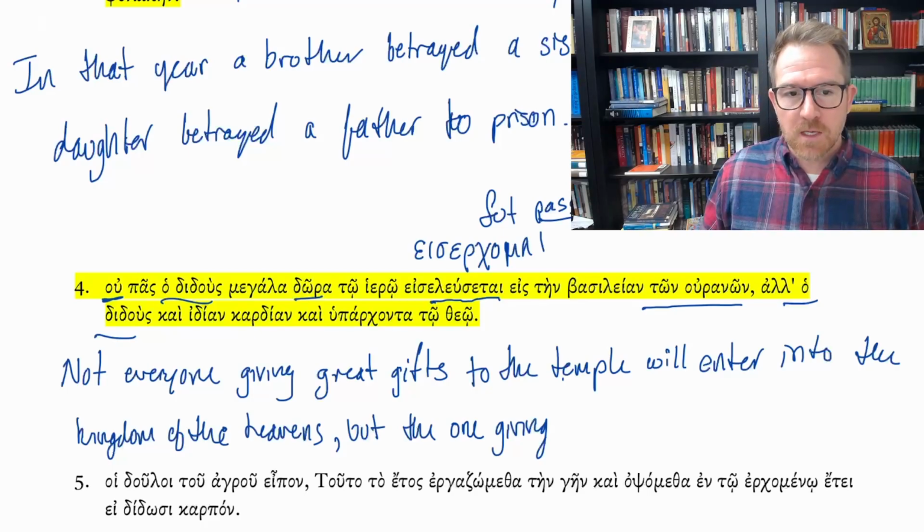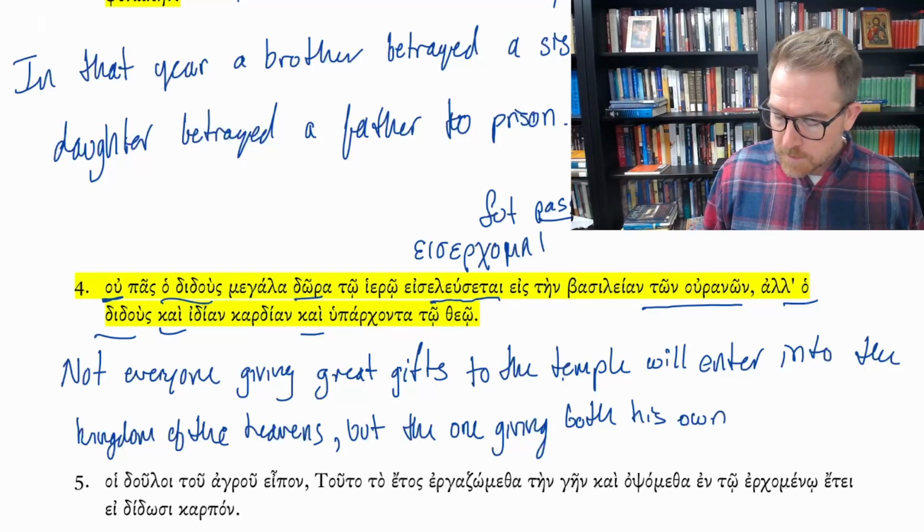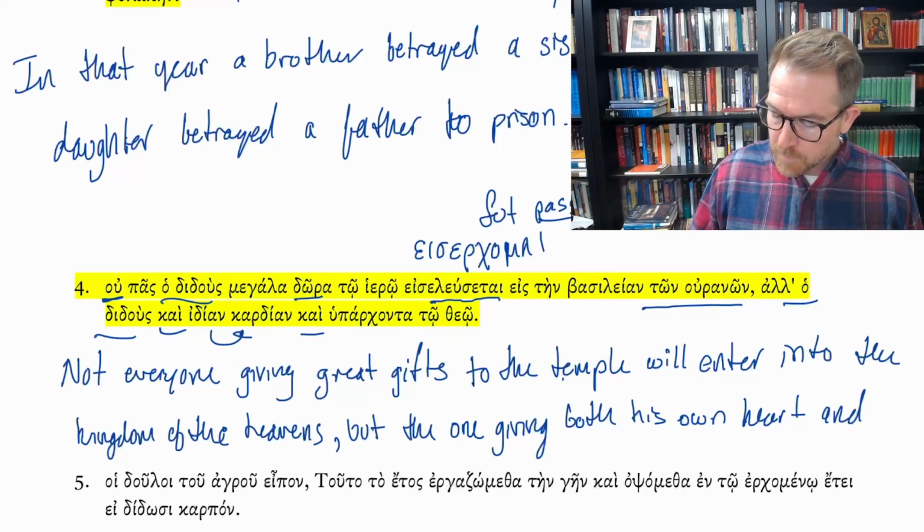Both, and so here we have a kai, both idian kardian, his own heart, and hyparchonta.